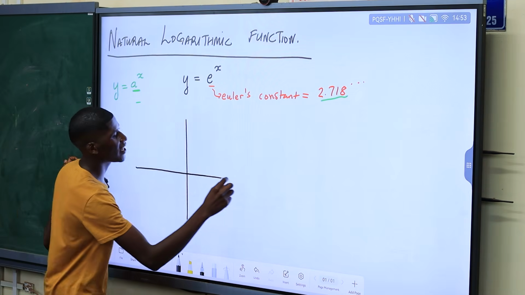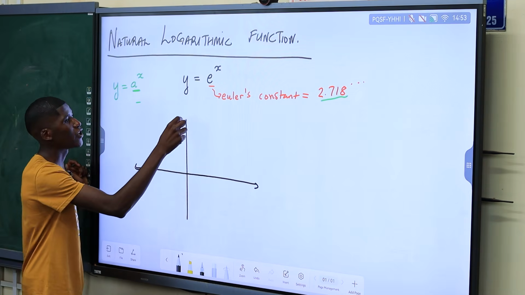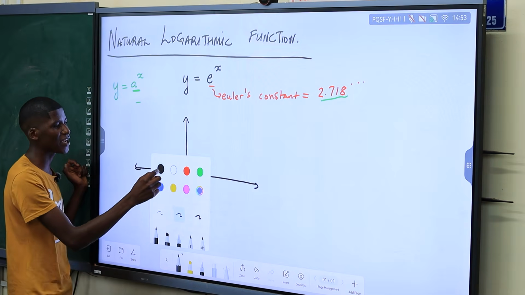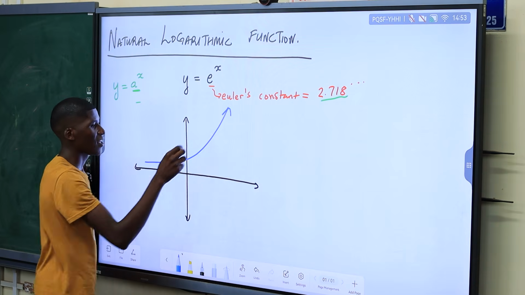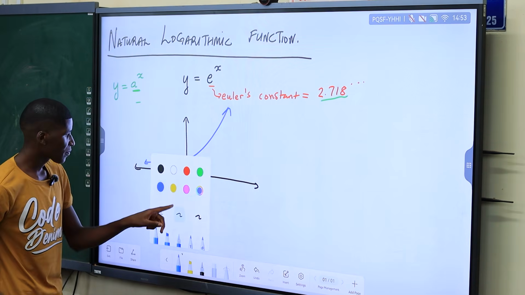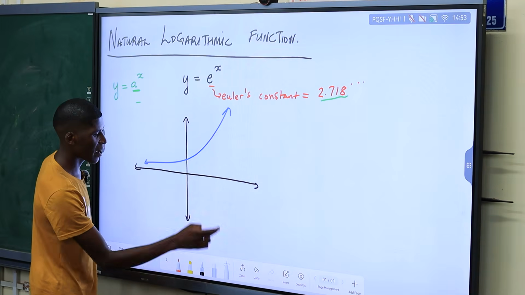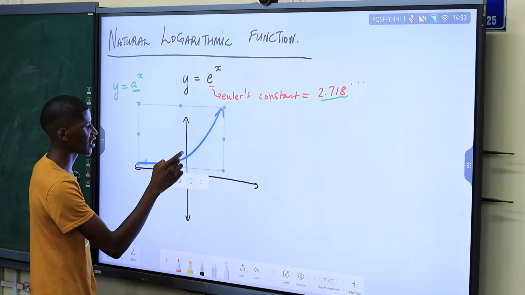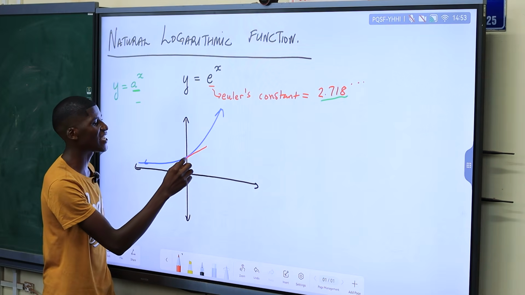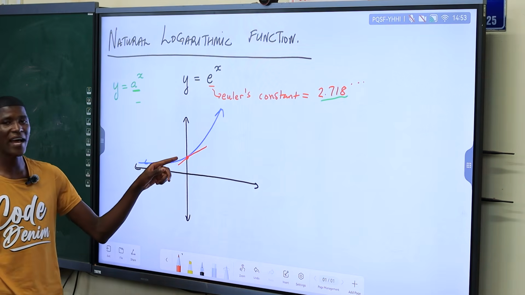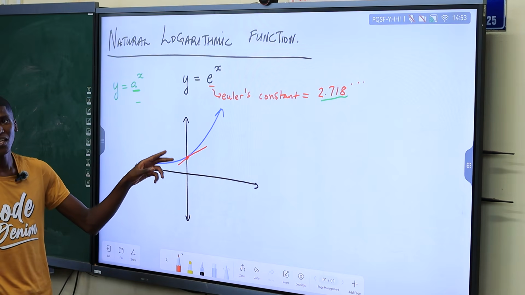Why did we say this is an important function? It is because this exponential function, known as a natural exponential function, looks like this. And we must know that at this point, if you put a tangent here, the gradient of the function at the y-intercept is 1.